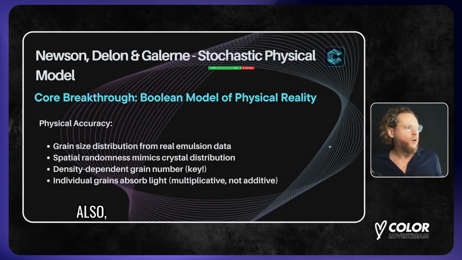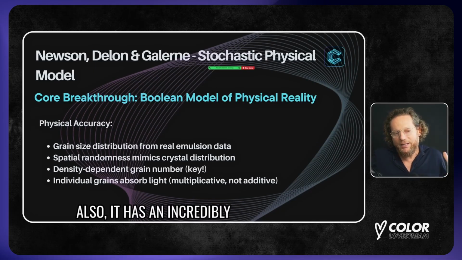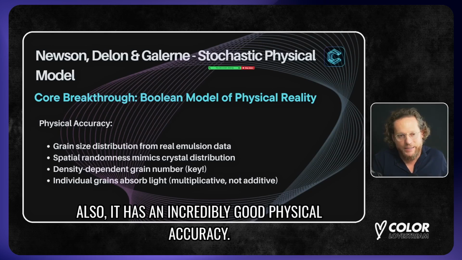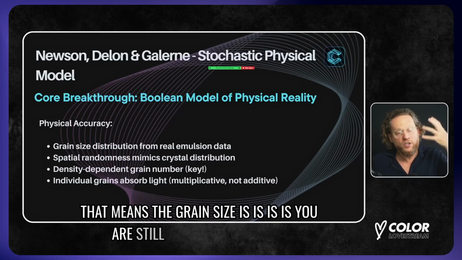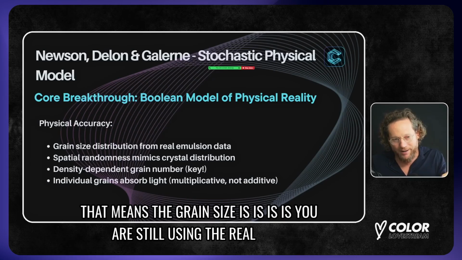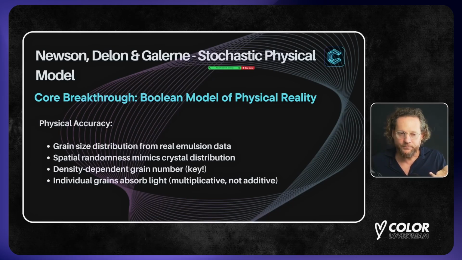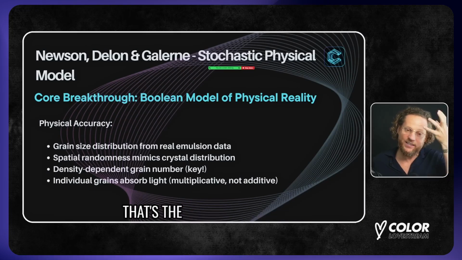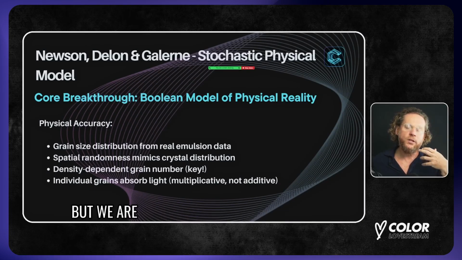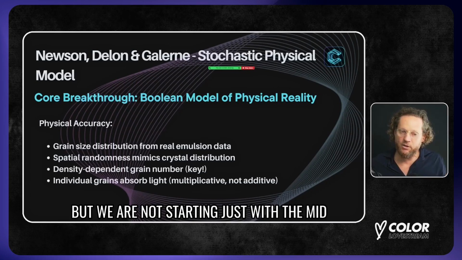Okay. Also, it has incredibly good physical accuracy. That means for the grain size, you are still using the real film. Basically, we need a film source. That's the starting point, but we are not starting just with mid-gray.